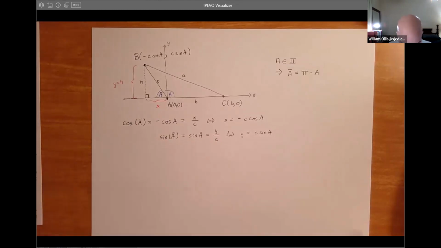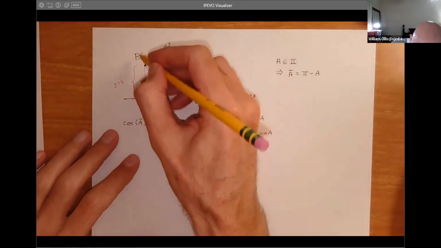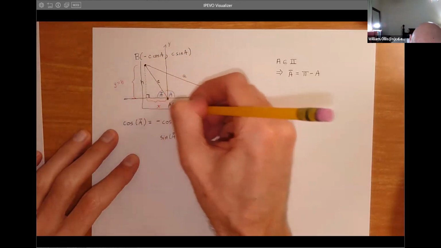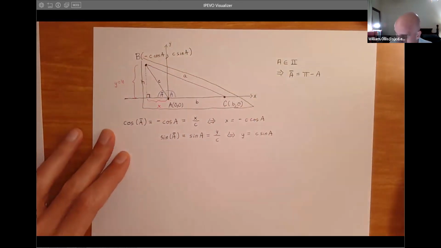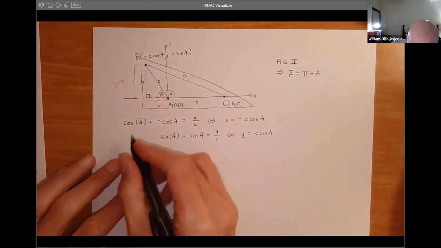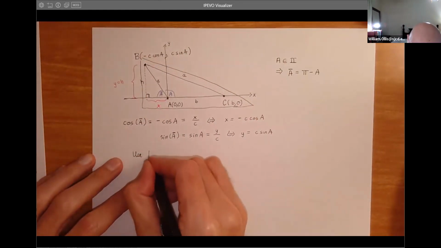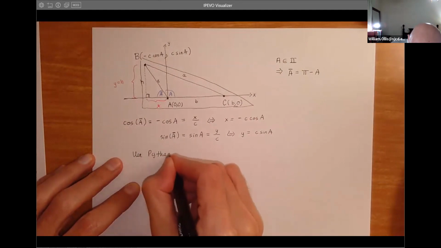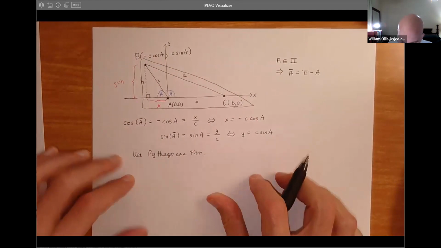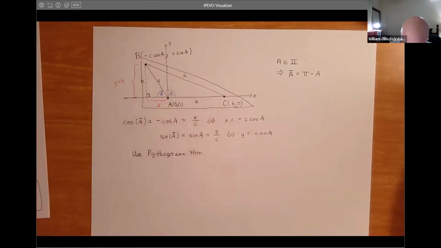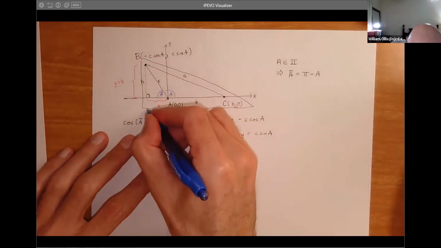And so now we have a larger right triangle right there. So use the Pythagorean theorem. Now notice this length here is really odd looking because it's got a negative sign in it.